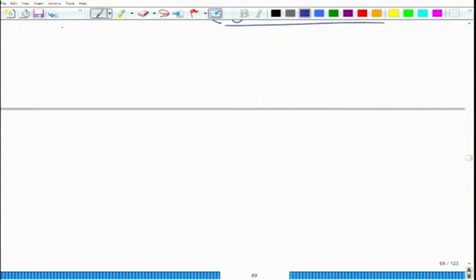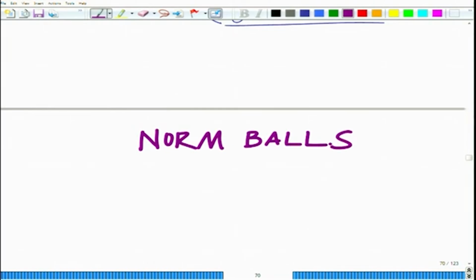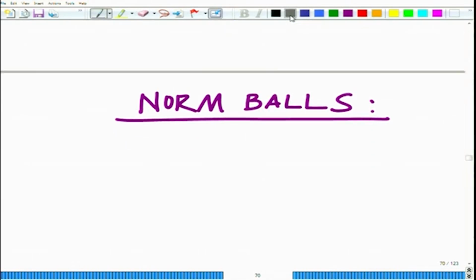Let us now move on to another interesting aspect, and let us revisit the concept of norm balls that we have seen previously. What is a norm ball? Now remember, the norm ball was defined as follows.